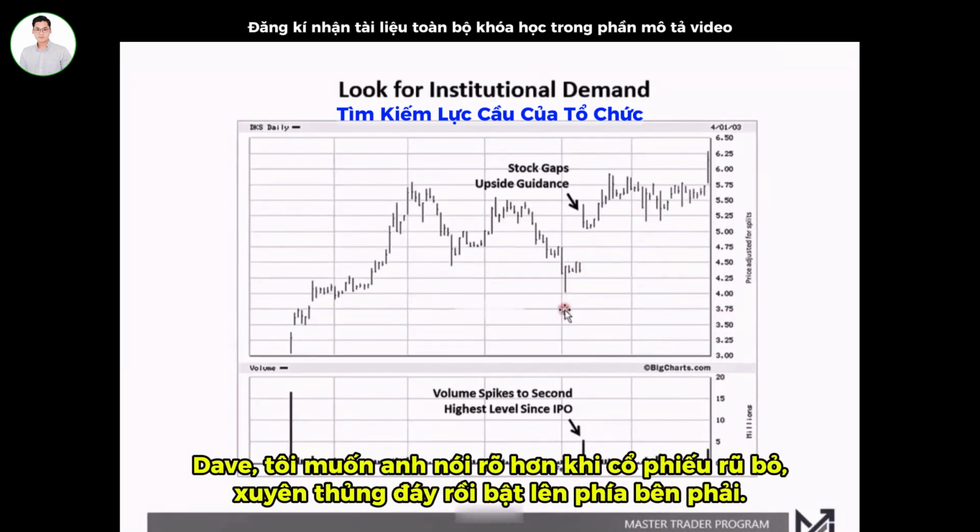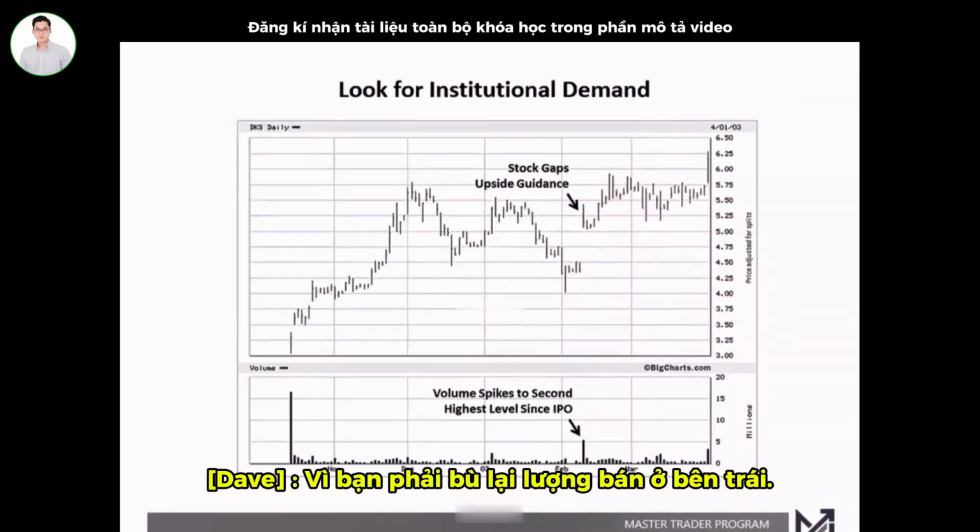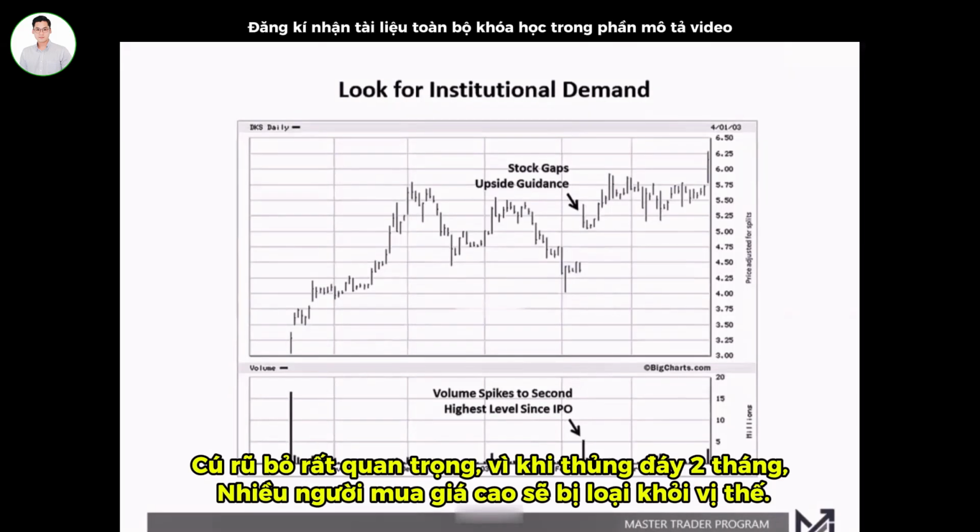And Dave, I want to have you talk about when we shake out some of these lows and we come back through those lows and we're coming up that right side, why we want to see big demand coming up the right side. Well, because you want to offset the selling that was going on the left side. The shakeout is very important, because what you've just done is gone under a priced area, that looks like two months of price pattern, and you drop below it.